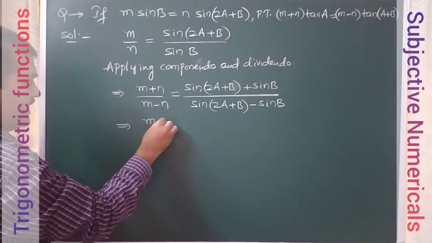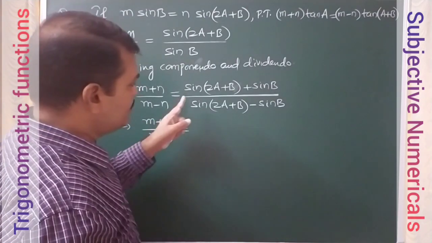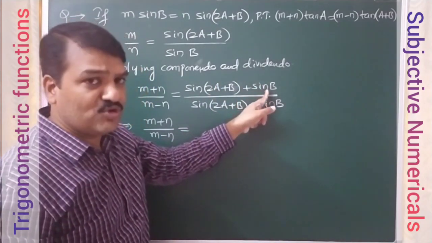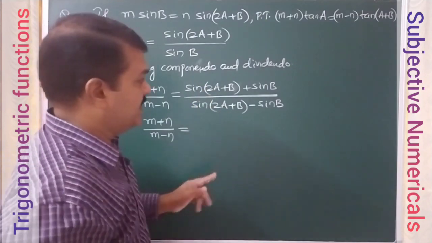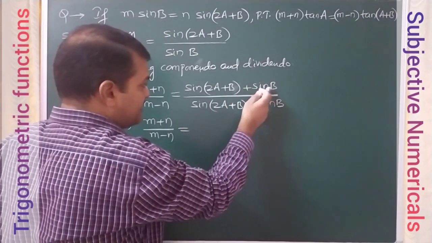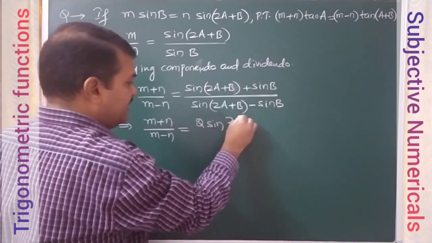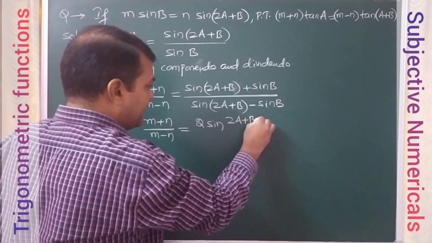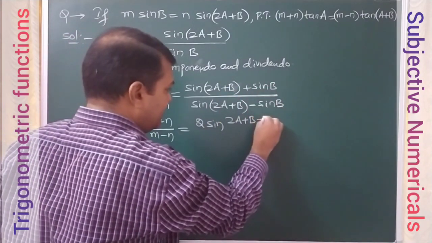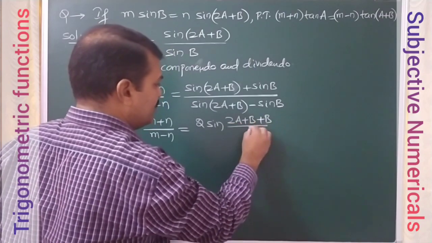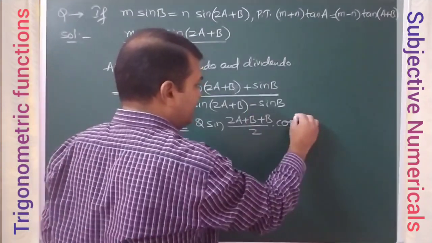Now we will keep the LHS part as it is, and on the RHS we will use sin C plus sin D in the numerator, sin C minus sin D in the denominator. Using sin C plus sin D, in the numerator we will get 2 sin C plus D by 2, into cos C minus D by 2.